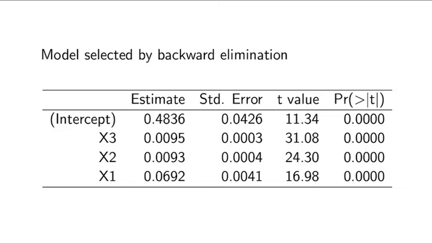Oh, that's a very good question. In class, I walked you through something we call an algorithm, or something like a flowchart. The idea behind backward elimination is, if I have four predictors, I'm going to start with the four.